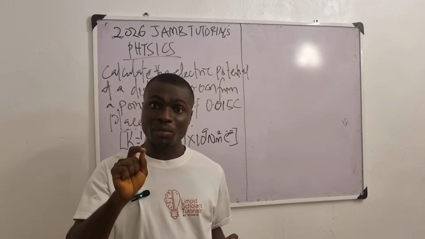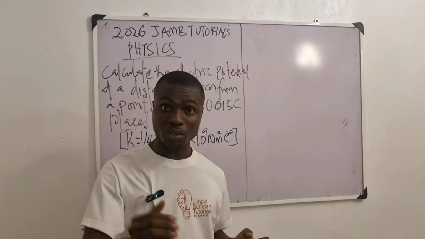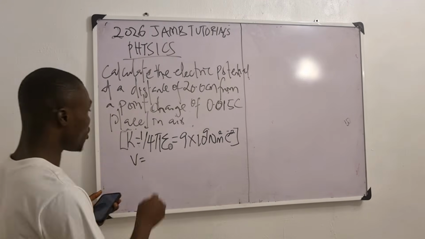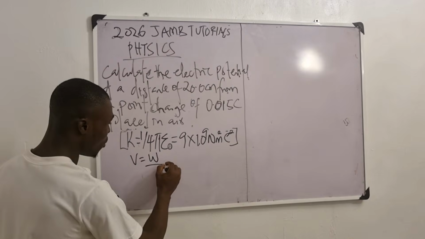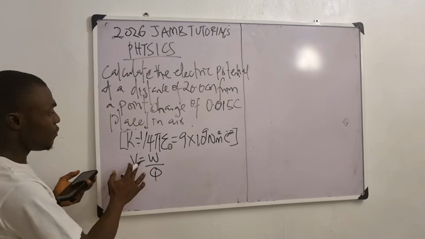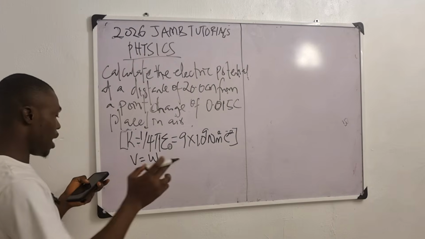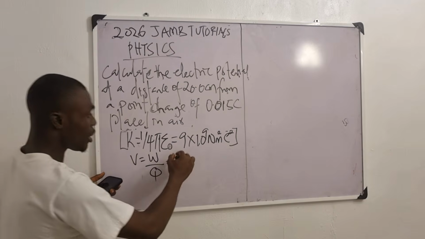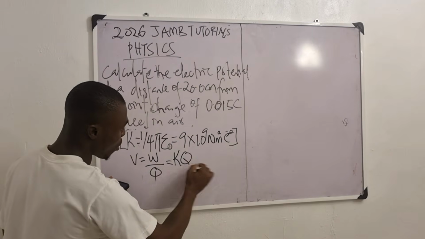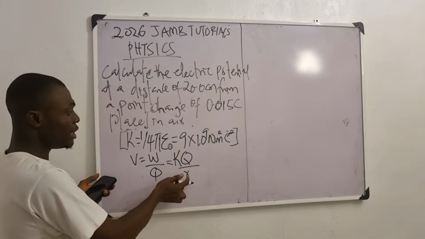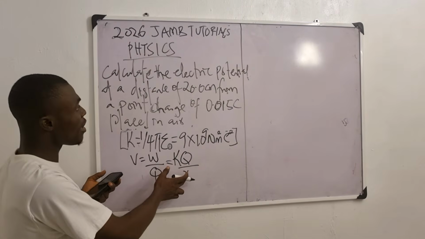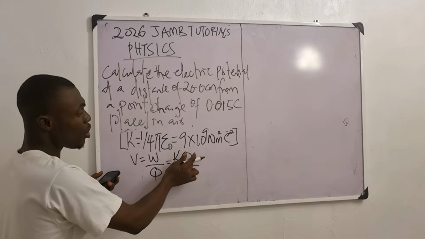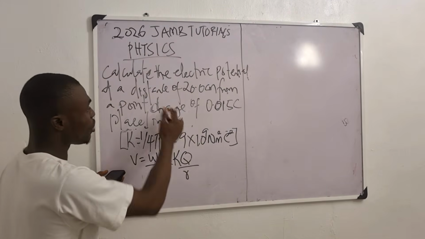For us to solve this question effectively, we must know this formula. V equals work done over Q. Then V can also equal KQ over R, where R is the distance and Q is the charge in coulomb.